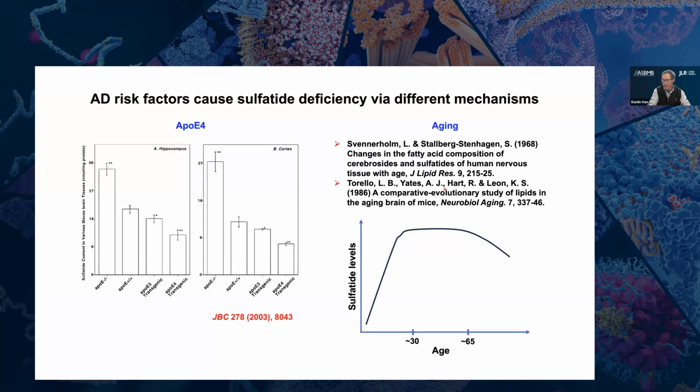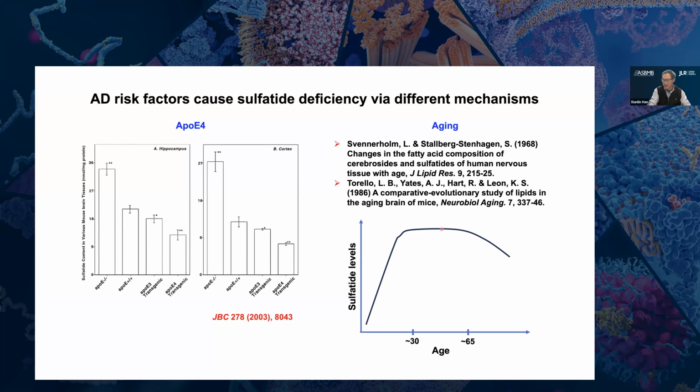Aging, as we mentioned, is a very robust risk factor. People did some studies very early showing that with aging, sulfatide is lost. Interestingly, what is summarized in the literature is that in human beings, before around 30, sulfatide content in the brain increases due to the development of myelin.